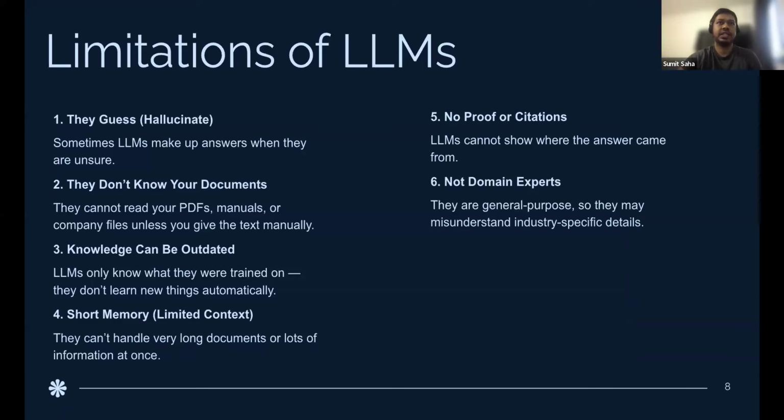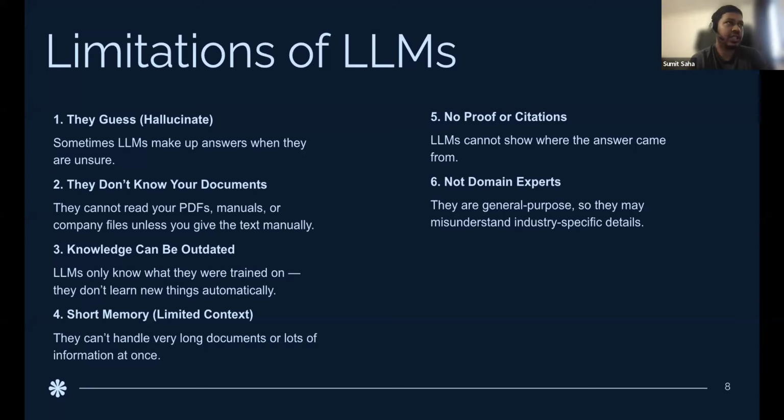Now we need to understand the limitations of an existing LLM model. LLM is doing a lot of things for us, very nice work. It can understand humans and everything, but it has some limitations.